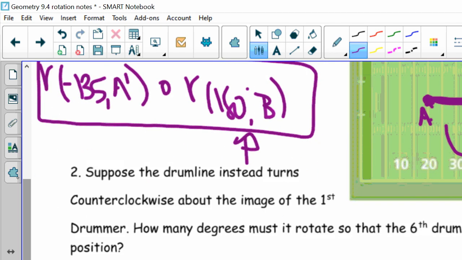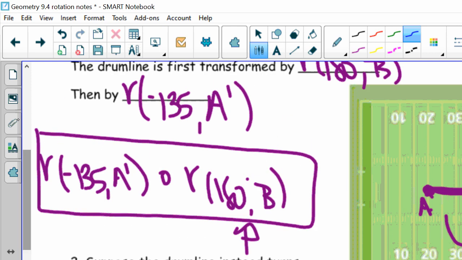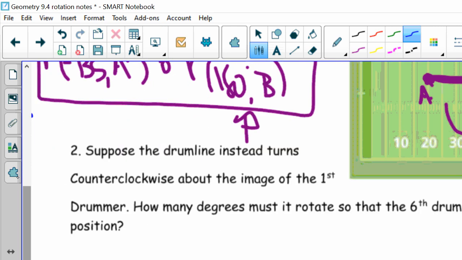Then it says, suppose the drum line instead turns counterclockwise about the image of the first. How many degrees must it rotate so that the sixth drummer ends up in the same position? So now instead of going this direction, I want to go this direction, but I still want to end up here. Remember that all the way around a circle is 360 degrees.